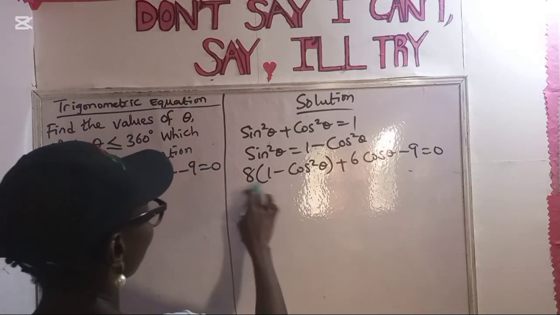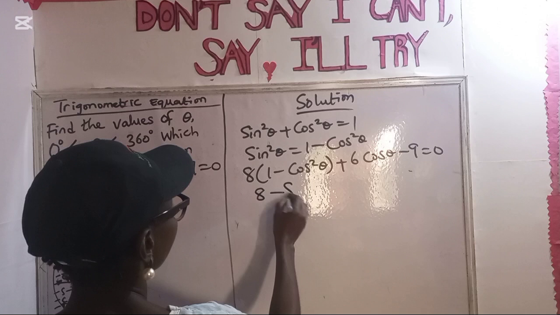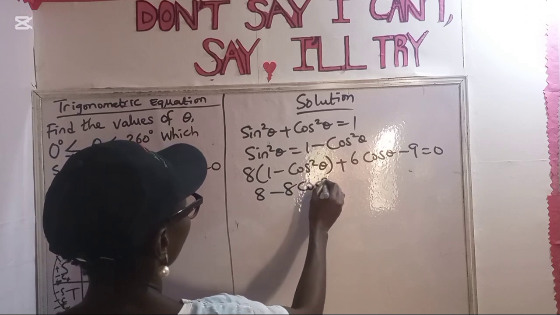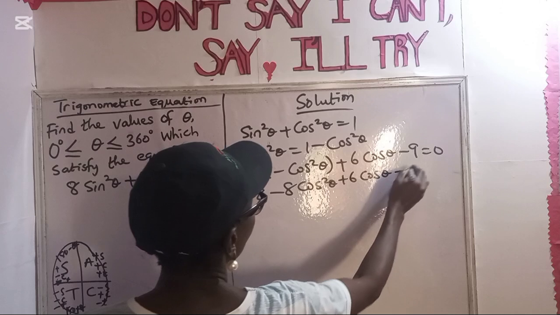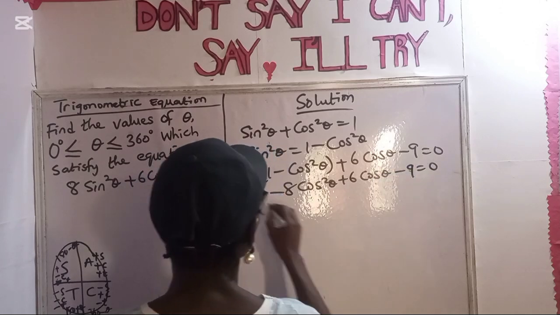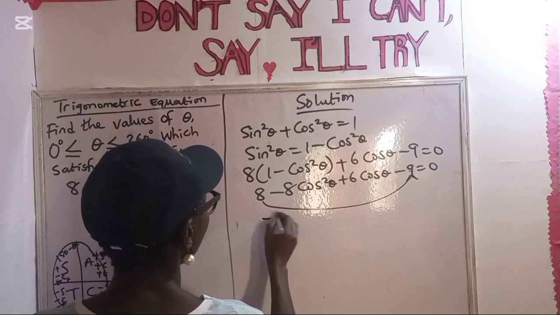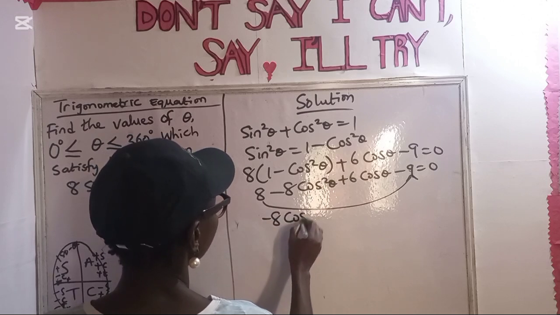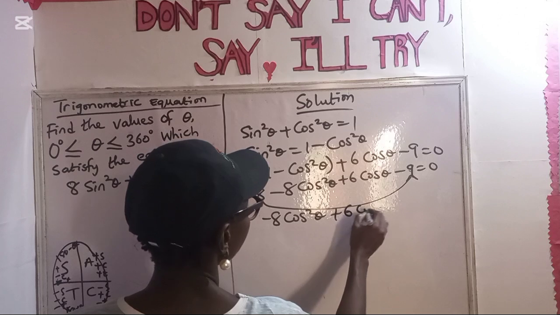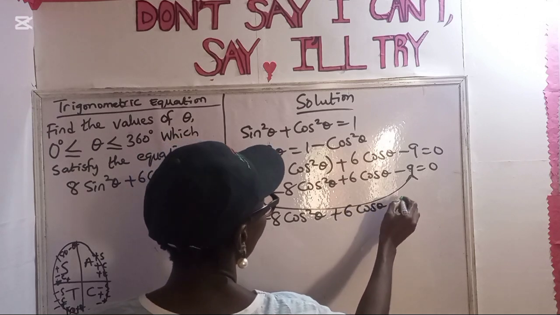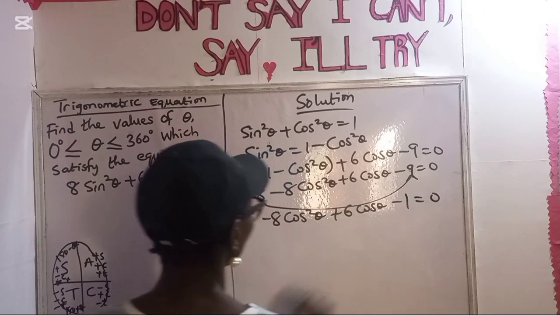So let's multiply through. 8 times 1, 8, minus 8 cos square theta plus 6 cos theta minus 9 equal to 0. Collecting like terms, now we have minus 8 cos square theta plus 6 cos theta minus 1. 8 minus 9, that's minus 1.